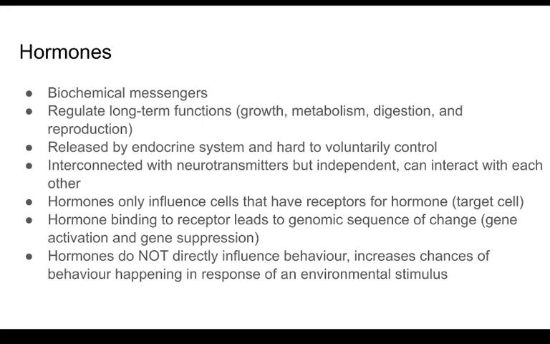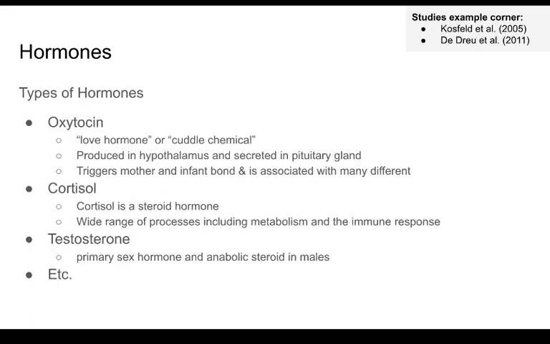So it can activate or suppress our genes. Thus, they don't directly influence behavior, but increase the chances of the behavior happening. There are different types of hormones that you can encounter in studying psychology and the studies that you use. I think the two common ones that I've encountered are oxytocin and cortisol. And I'm pretty sure there are ones for adrenaline too.